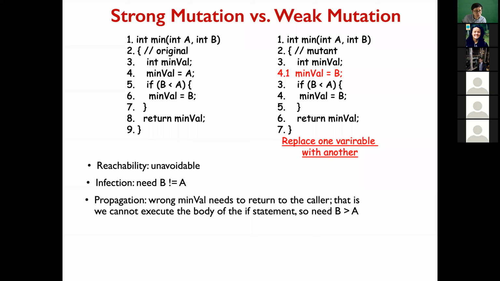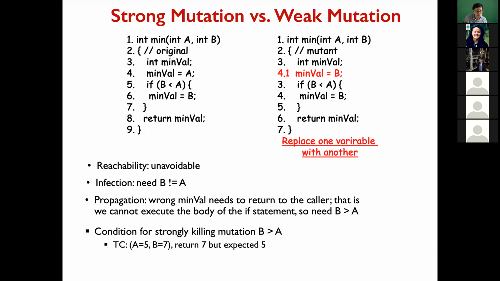Propagation: we need to make sure that the outputs are different. If B is bigger than A, then we will not go to the branch where B is smaller than A. If B is bigger than A, then we see the difference, and the two programs will have different outputs.